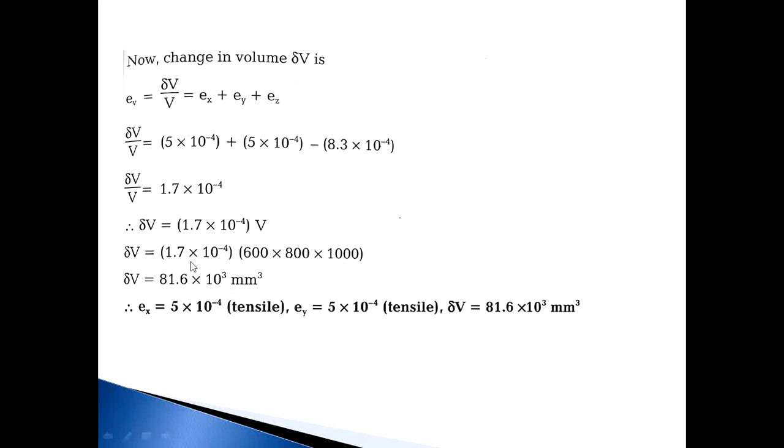This is the change in volume and this is the final solution. Ex is equal to 5 into 10 raised to minus 4, the strain in x direction. The strain in y direction is 5 into 10 raised to minus 4 and the change in volume is 81.6 into 10 raised to 3 mm cube. This is the solution for calculation of volumetric strain or change in volume.